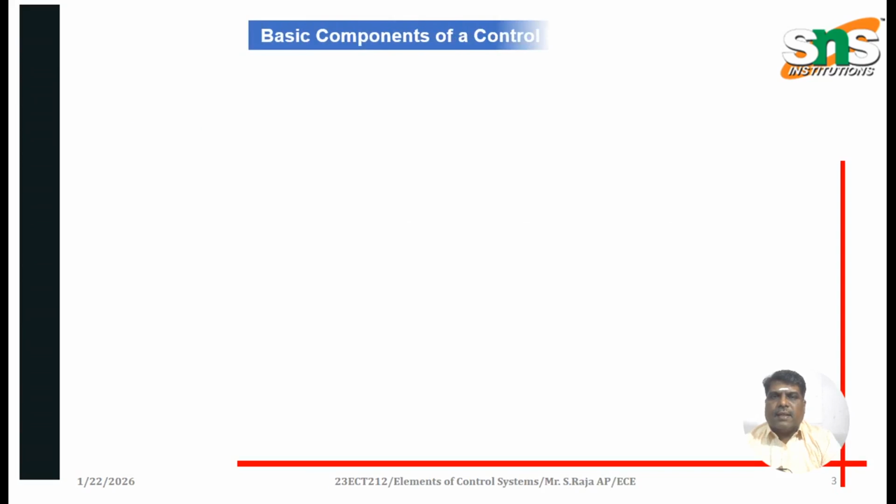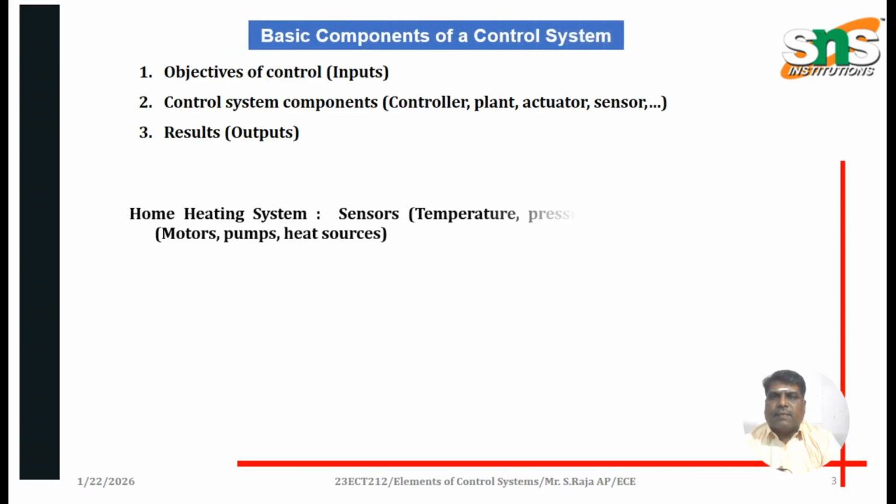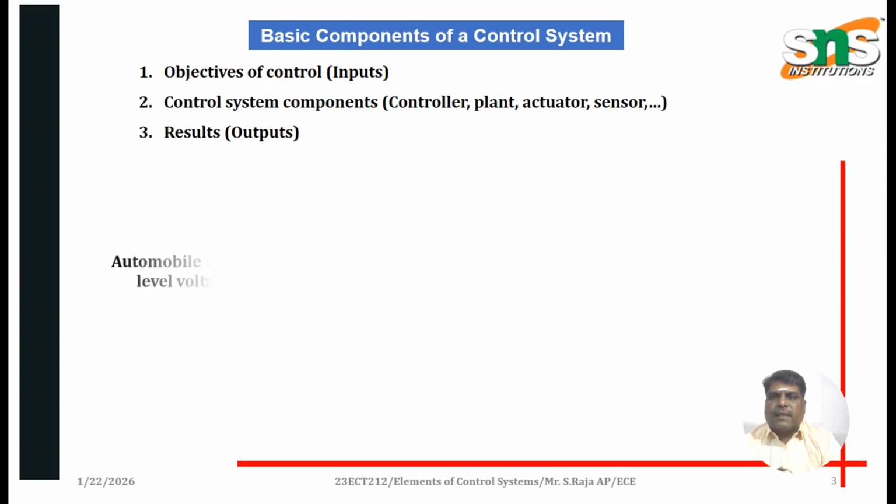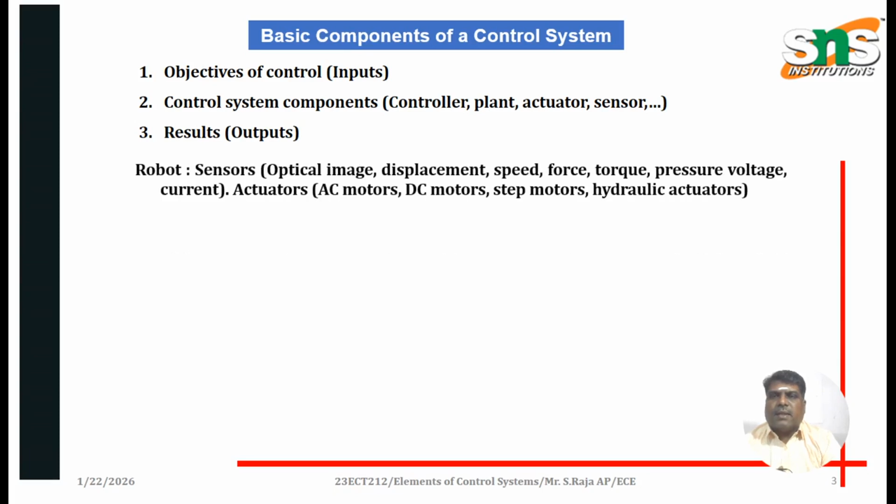Next we can see the basic components of a control system. The basic components of a control system consist of three main classifications. One is the input, the second is the control system component, and the third is the output. Otherwise, we can say the objective of control is called the input, the controller, plant, actuator and sensor are called the control system components, and the result is called the final output.